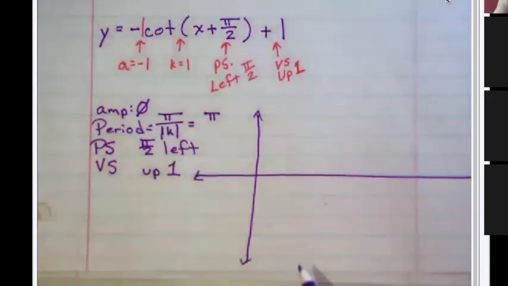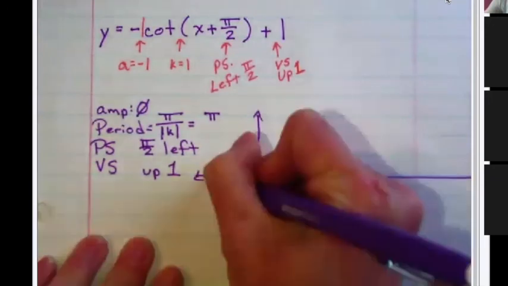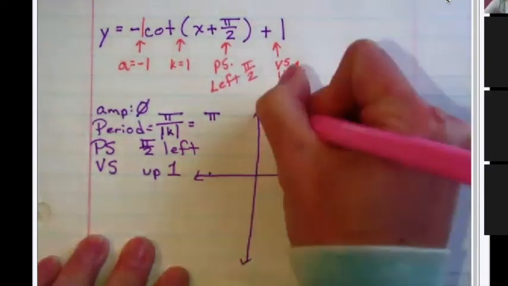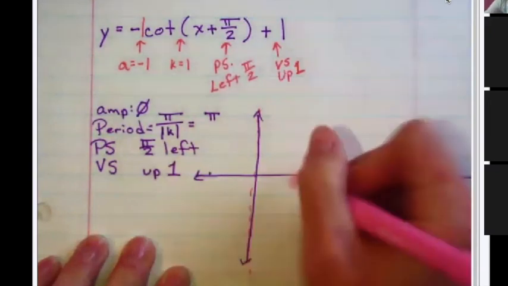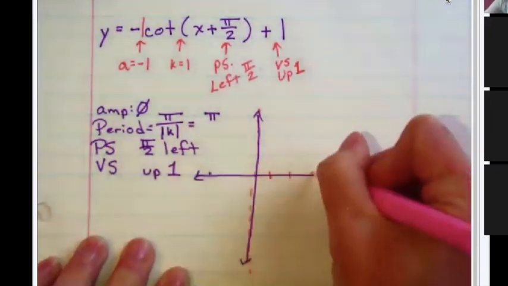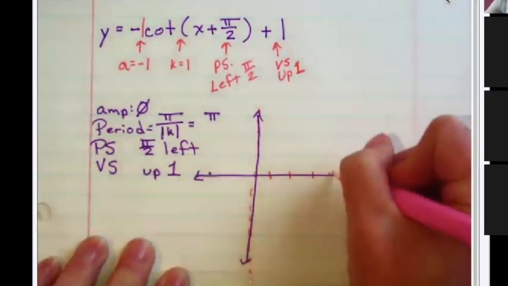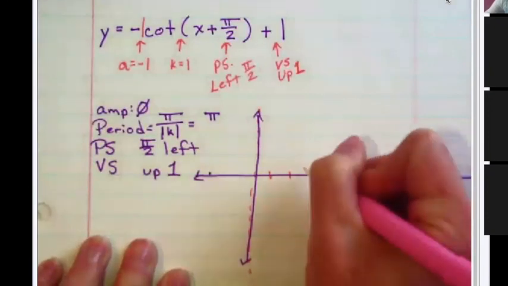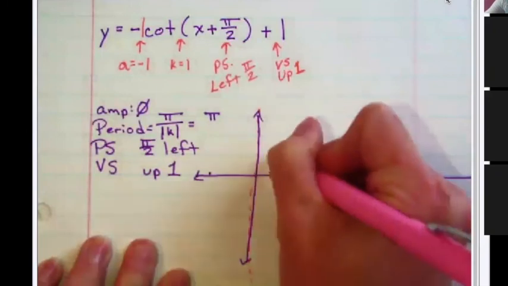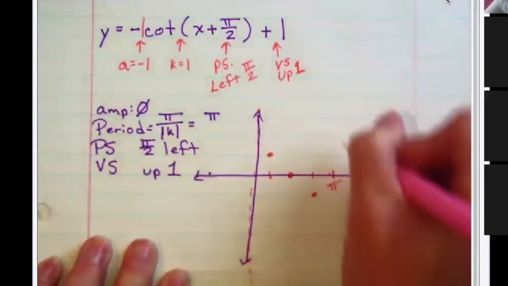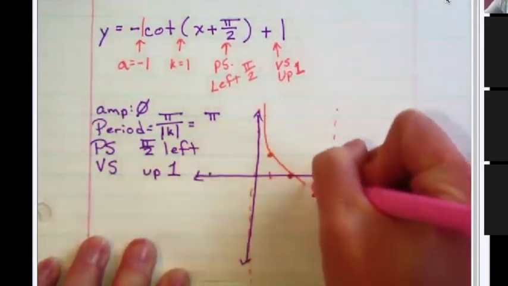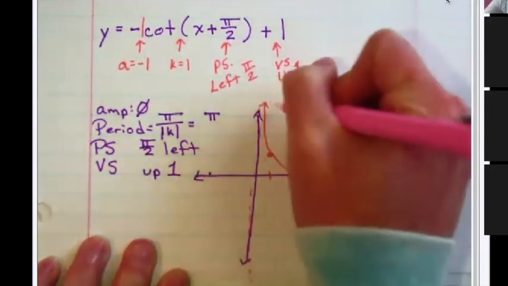So if I were just going to graph the cotangent graph, remember cotangent, I'm going to do my original in pink. This is at pi. So this is the original.